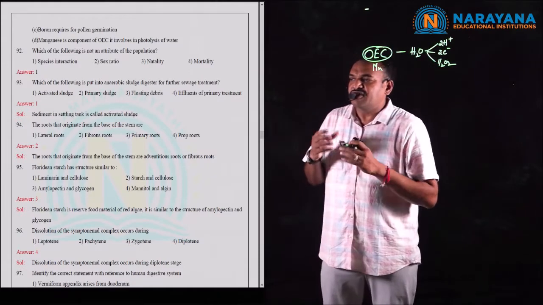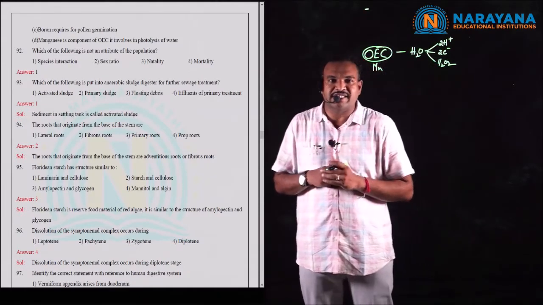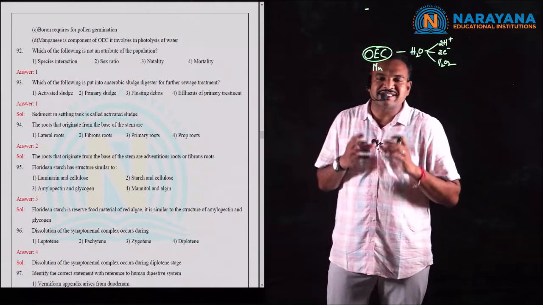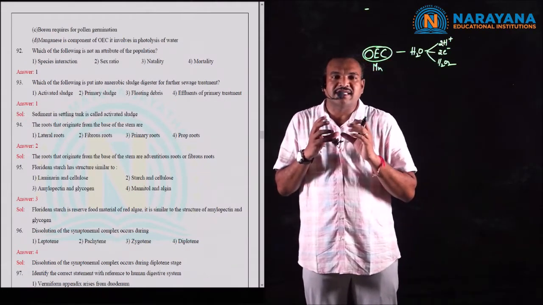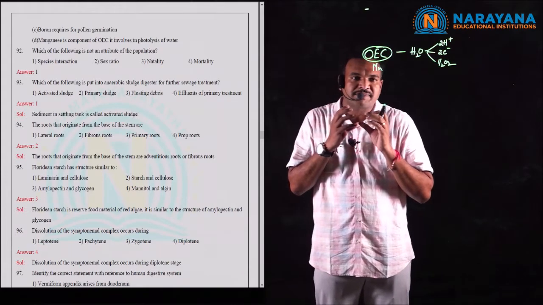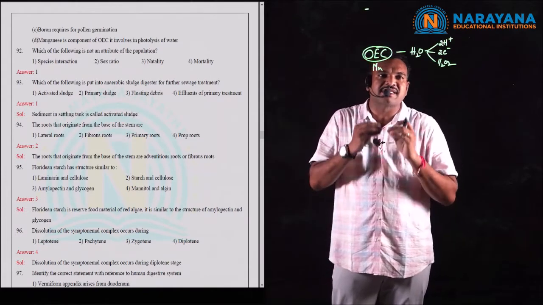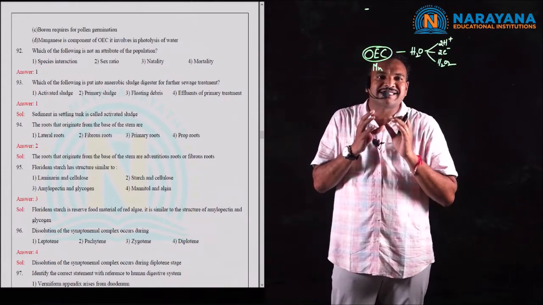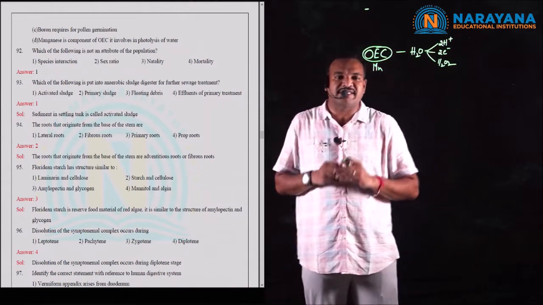If you observe the first option, what is activated sludge? Activated sludge is the substances or microorganisms deposited in the settling tank during secondary treatment.